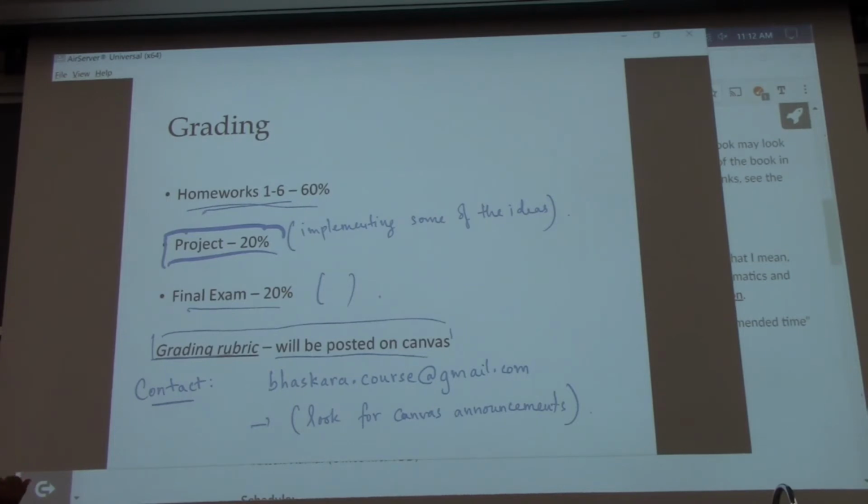Because some of the homeworks will be difficult, you might have confusion about how you are doing in this class, and this is just meant to get rid of those kinds of questions. There will be a rubric that I will post on Canvas in the next few days. If I don't do it, please remind me. The same goes for anything that I say I will do. If I forget to do it, it's not intentional, so please remind me and I will do it.